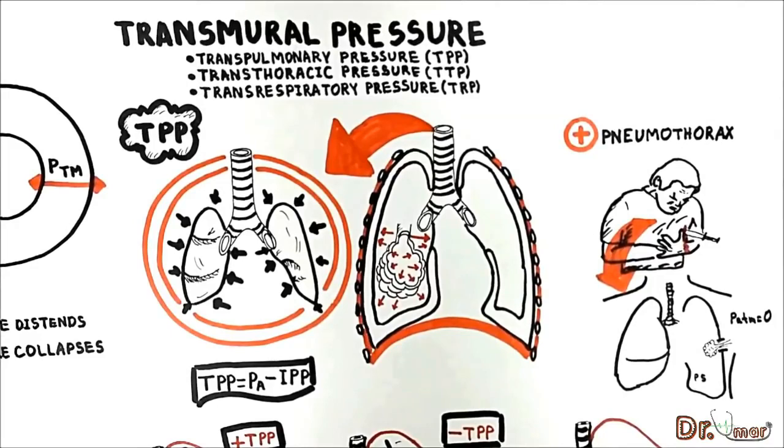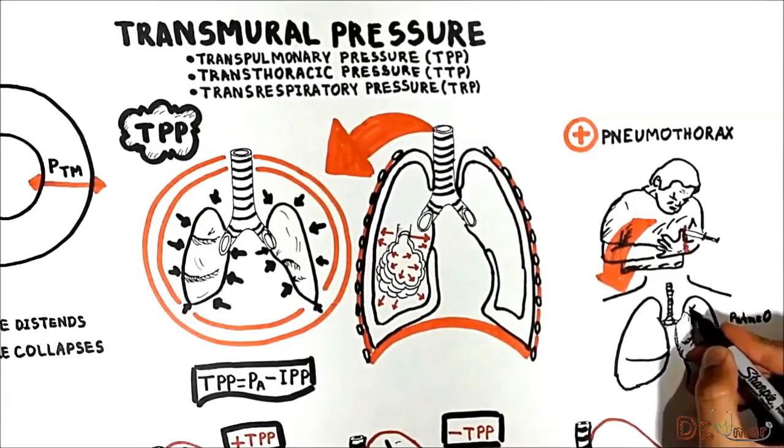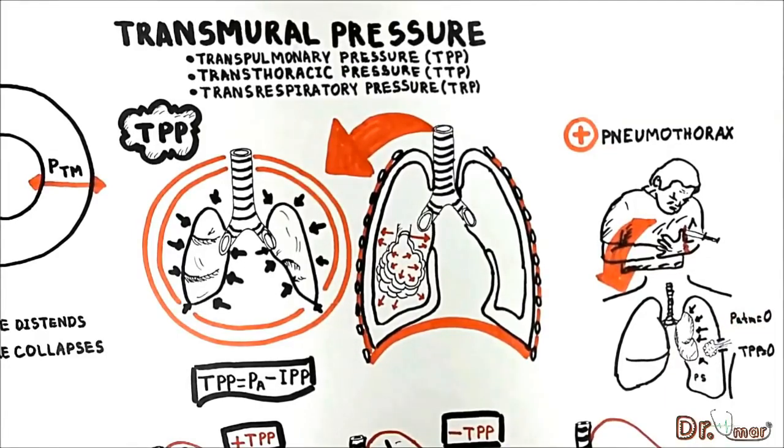When you calculate the transpulmonary pressure, in this case it will be 0. If the transpulmonary pressure is 0, the lung collapses. This is the reason why the lung collapses in case of pneumothorax. I hope now you also understand why the lung collapses if I have it outside of normal physiologic conditions.